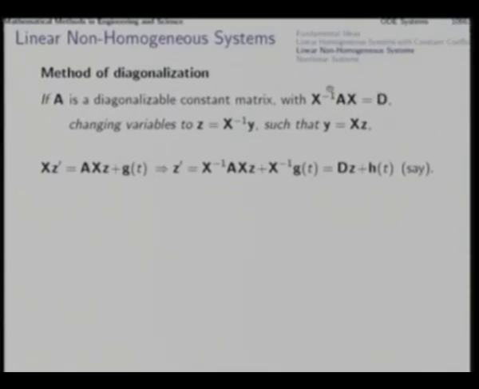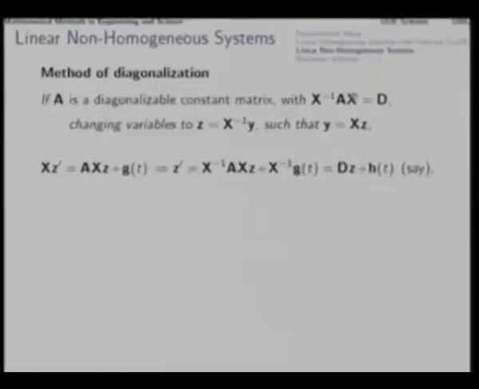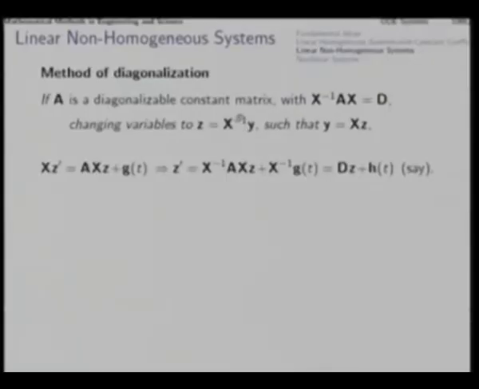Then what we do? We make a change of basis through this basis matrix X. That means for the unknown functions, for the y variables, we change the basis. X inverse y gives the new unknown functions z, okay, and that means y is X z.